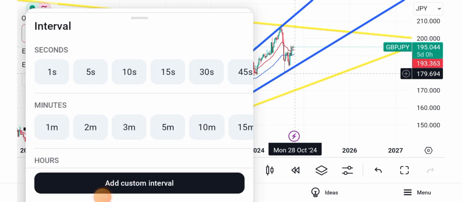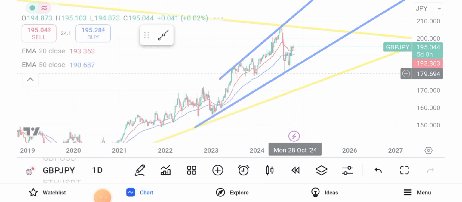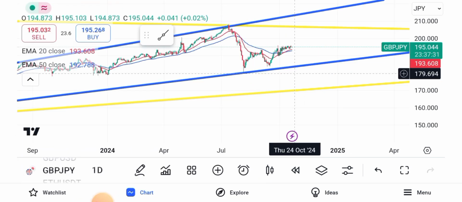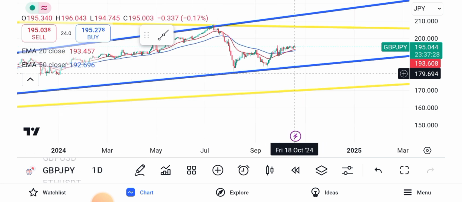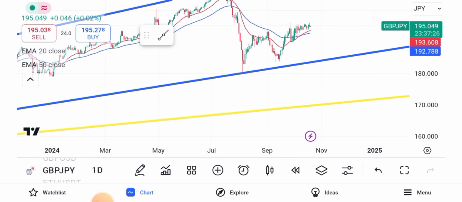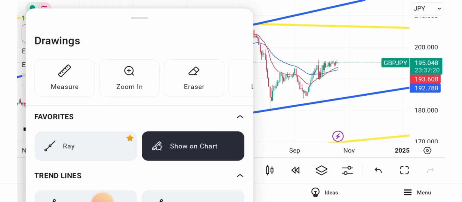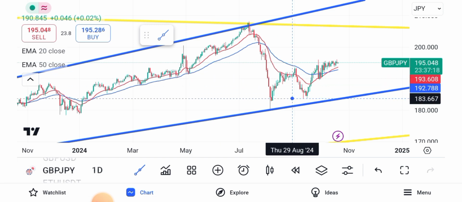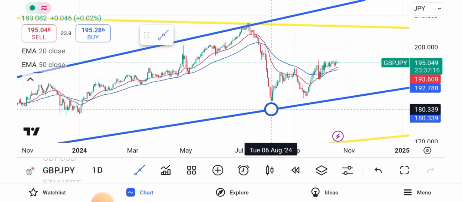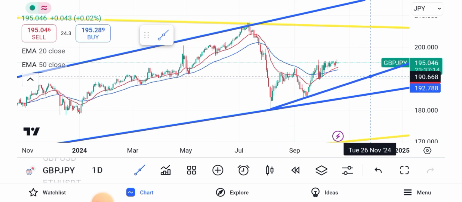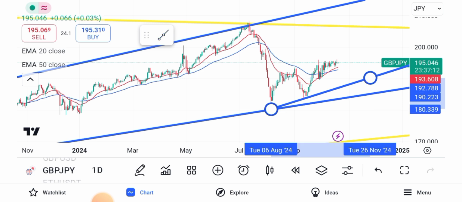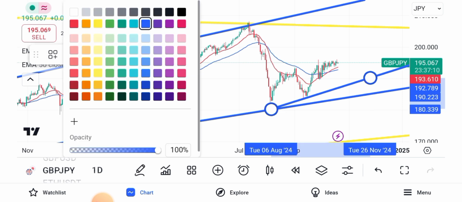We're going to go to our 1 day chart and see what type of trend line we can draw here. But so far, it's showing that we are definitely in an uptrend. 1, 2 touch points there.